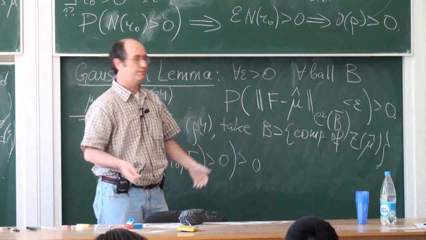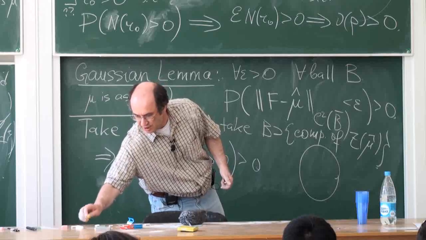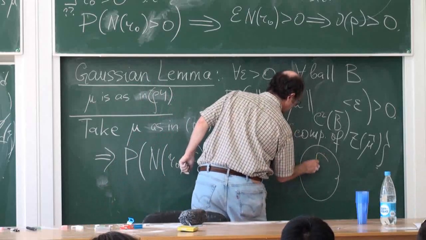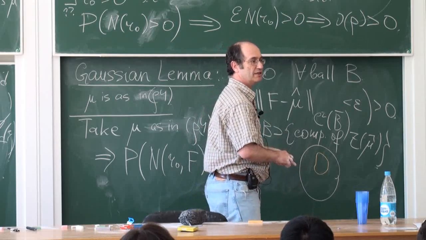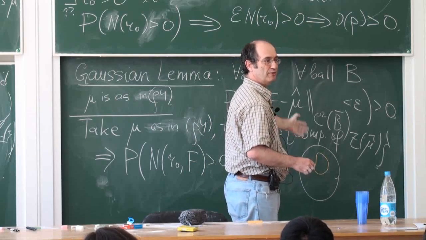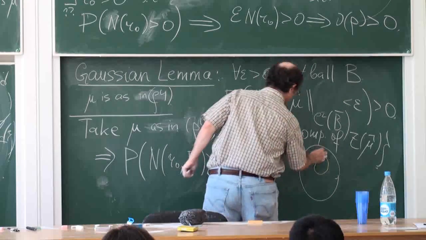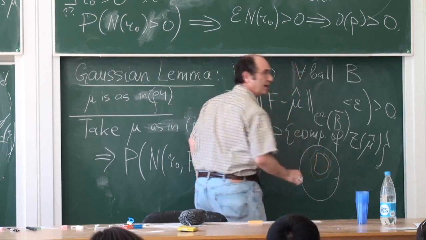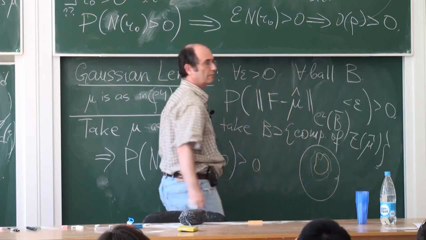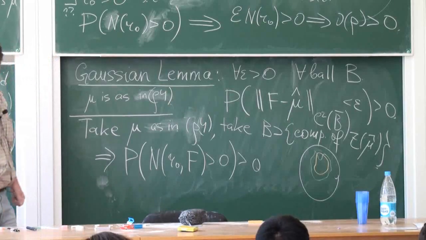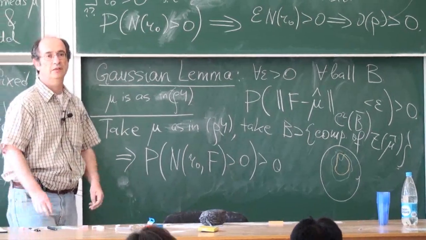As we teach students, because if this was our ball, and this was a component of the zero set of mu hat, the component is isolated, so if our function is uniformly close to mu hat, it must have a zero component somewhere nearby. Maybe this way, maybe that way. That's it. So this is the proof of theorem 1.